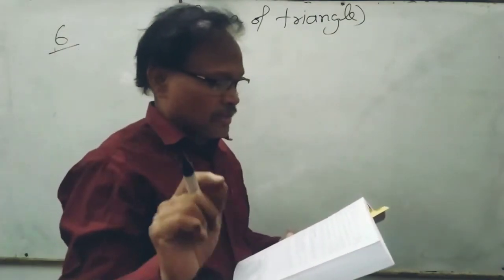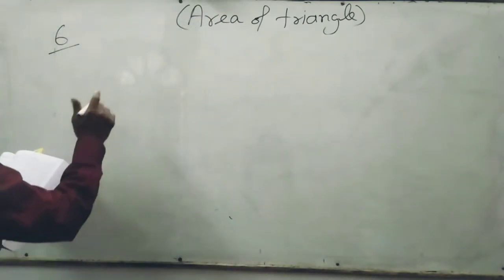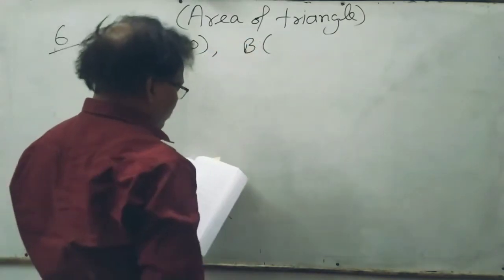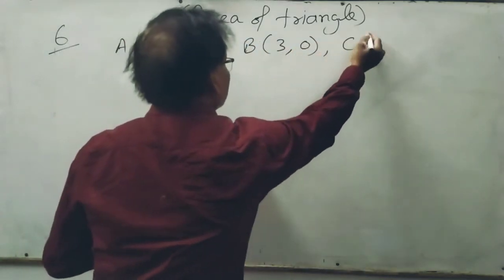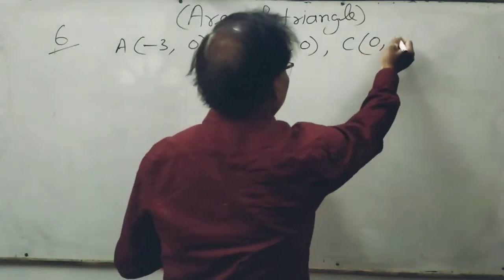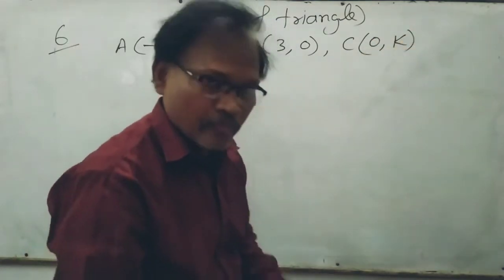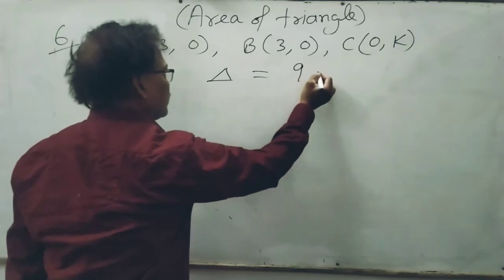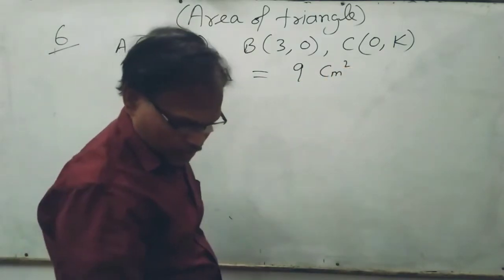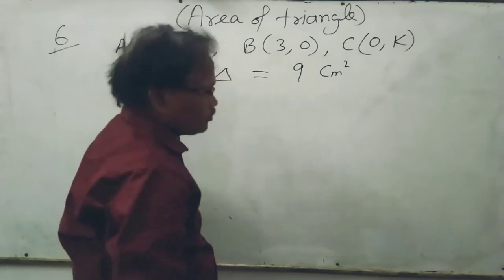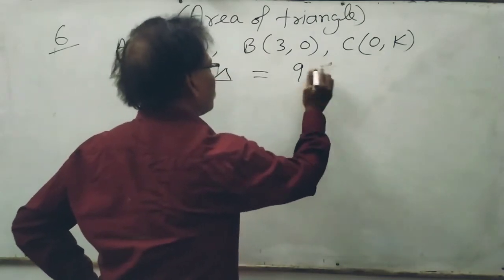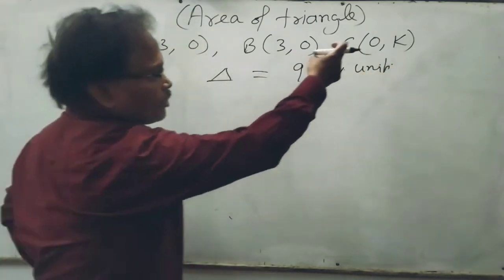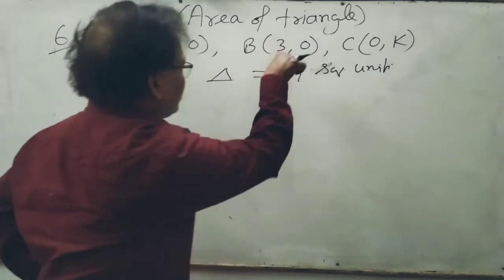If the area of a triangle with vertices (-3, 0), (3, 0) and C (0, K) is 9 square units, find the value of K using the area.